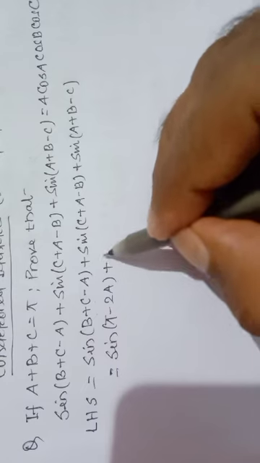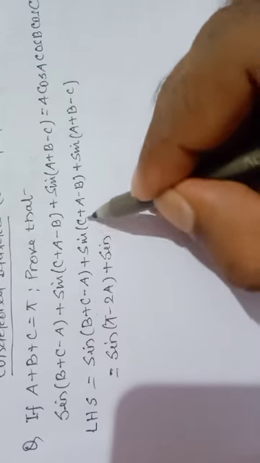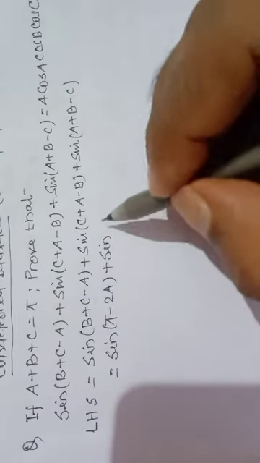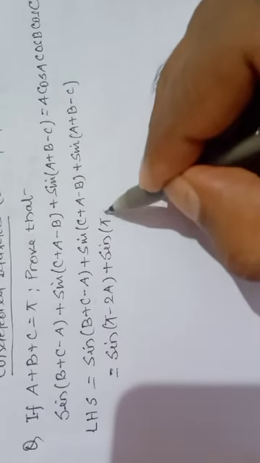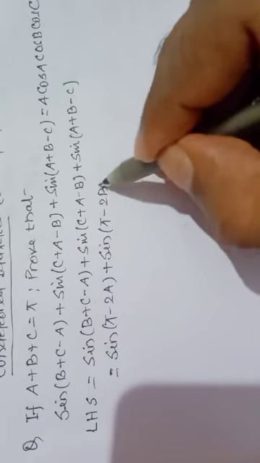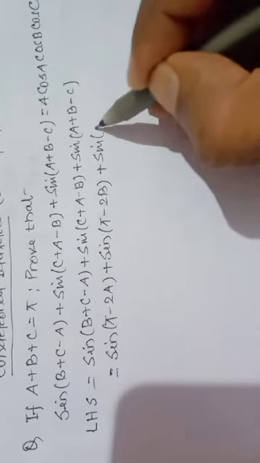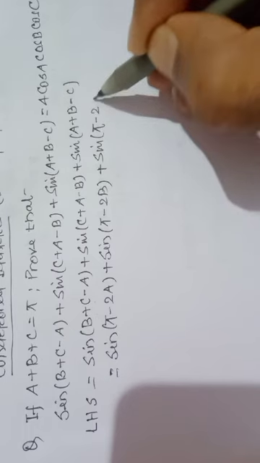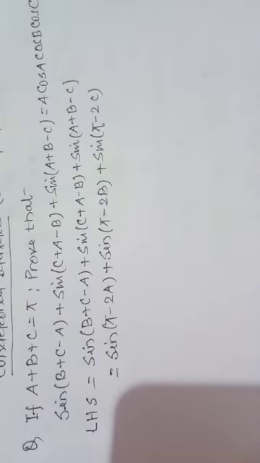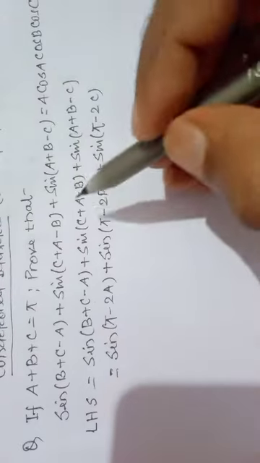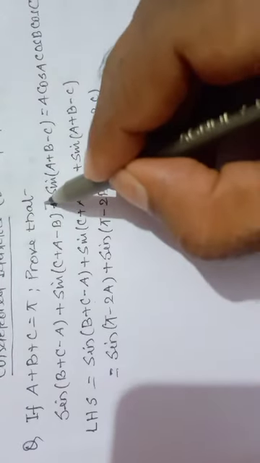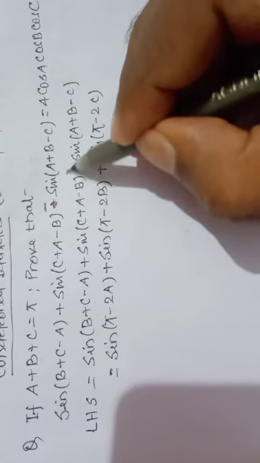Similarly, C plus A is equal to pi minus B, and minus B is already here. So pi minus 2B plus sin(pi minus 2C) in the same way. Just make a correction. Your question is not positive, this is negative. Sorry.